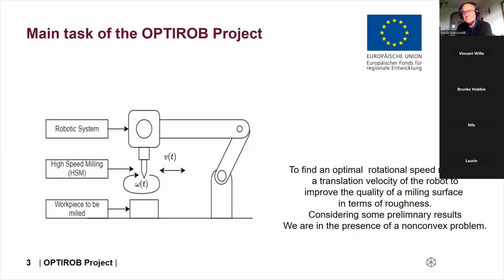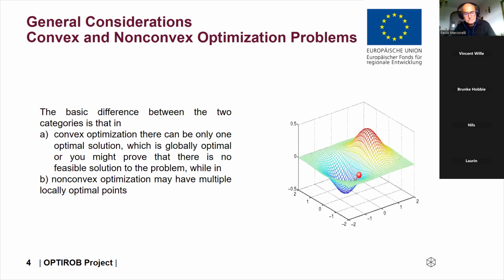And then the rotational velocity of the end effector, in order to obtain the surface of the workpiece with a minimal roughness. Basically, we have to find two important elements: rotational velocity and translation velocity, in order to minimize this cost function, the roughness.